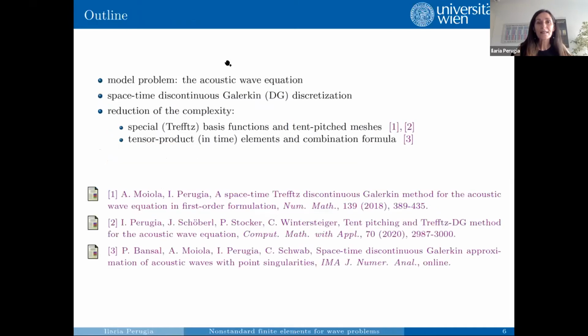So what I'm going to present now, after introducing the model problem, I'm going to describe the space-time discontinuous Galerkin discretization and its properties, and then I will present two ways to reduce the complexity of the final problem to that of a d-dimensional problem. So from the complexity in d+1 dimensions to the complexity in d dimensions, and these are the references this is going to be based on.